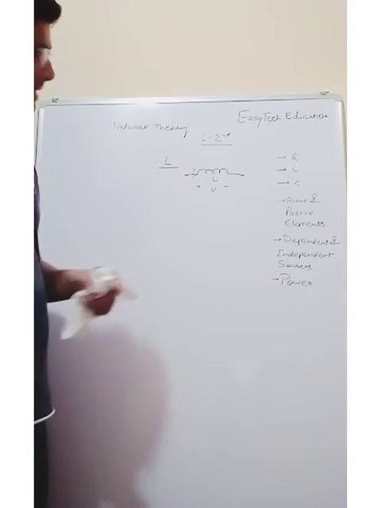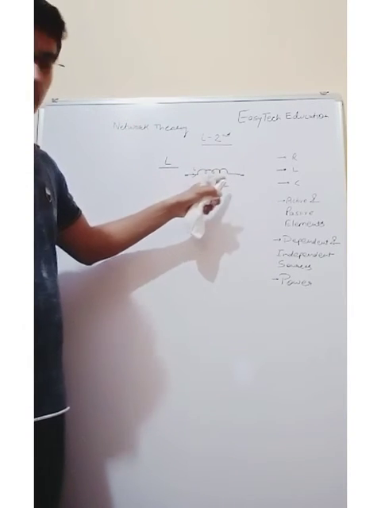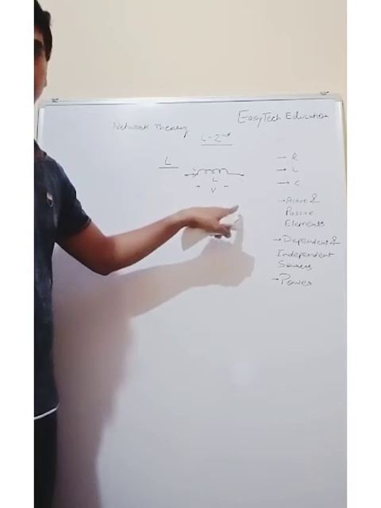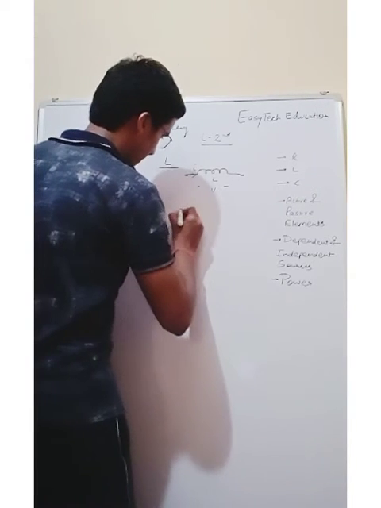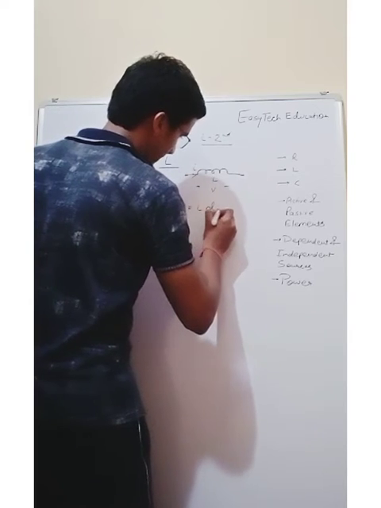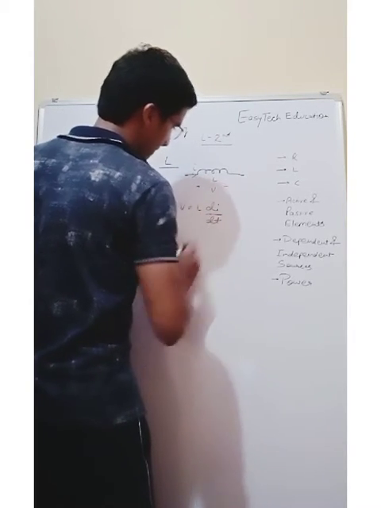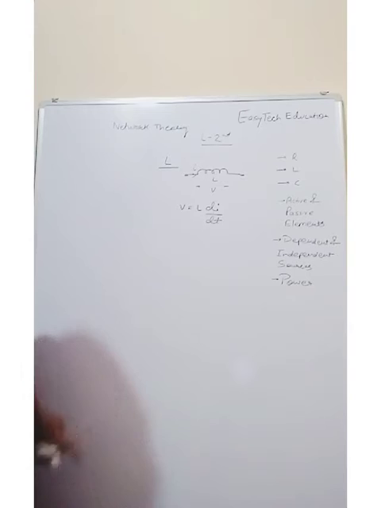If current I is flowing through the inductor and voltage V is applied across the inductor, then what is the expression of V? V is equal to L di by dt.